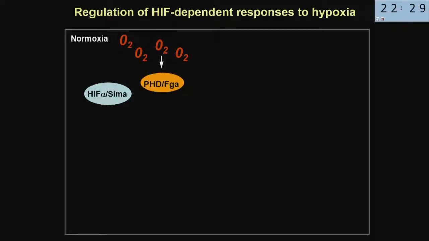The regulation depends essentially on an enzyme, a prolyl-4 hydroxylase, that utilizes molecular oxygen as the substrate for the catalytic reaction, so that hydroxylation of a key prolyl residue on this alpha subunit is catalyzed when oxygen is available.